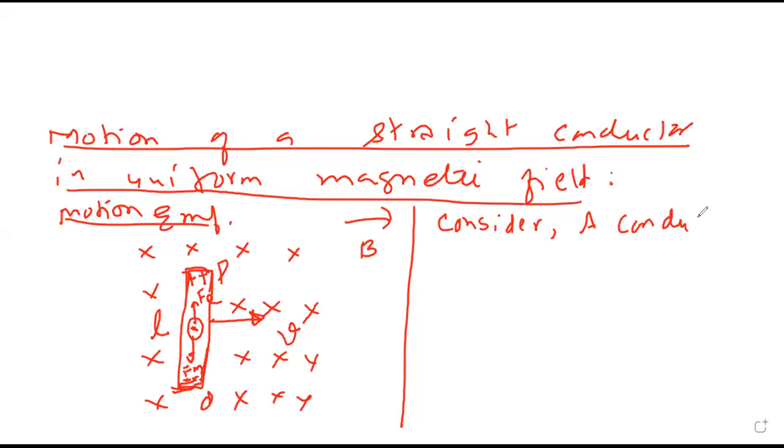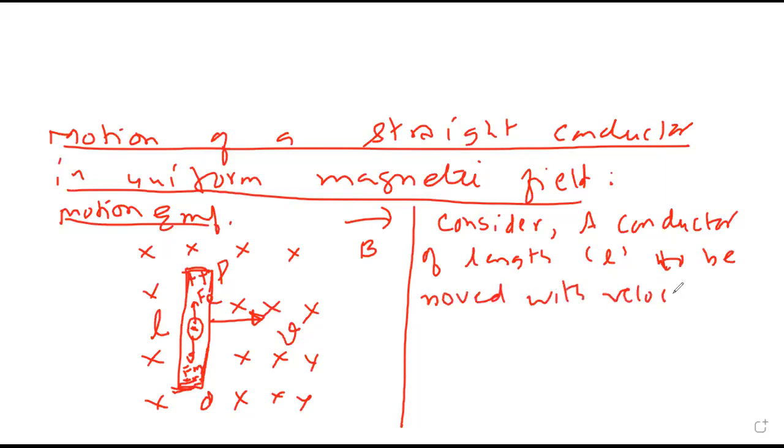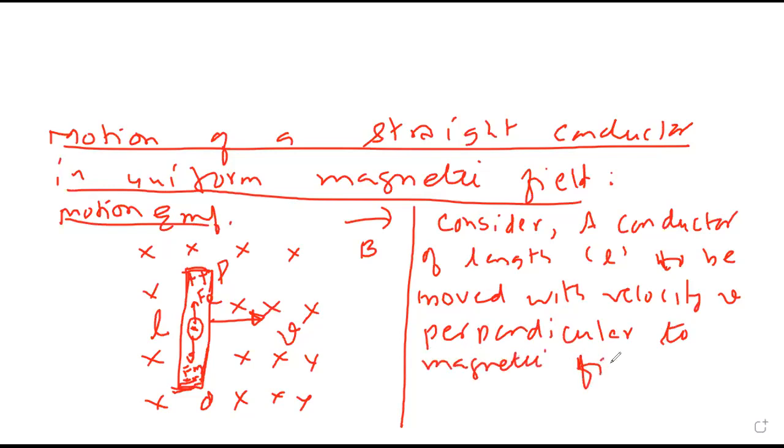Consider a conductor of length L to be moved with velocity v perpendicular to magnetic field B, which is acting inward.